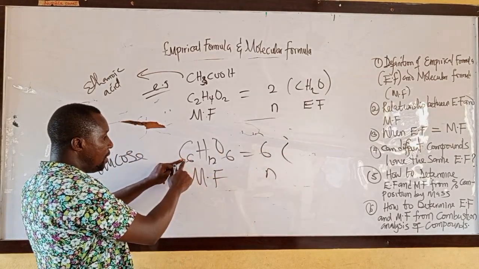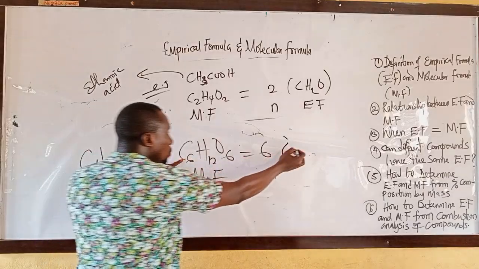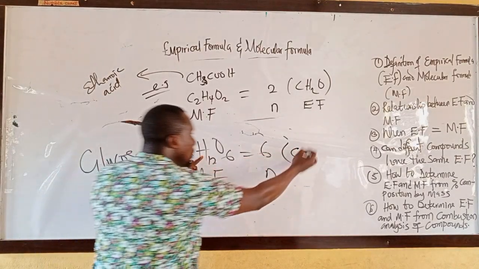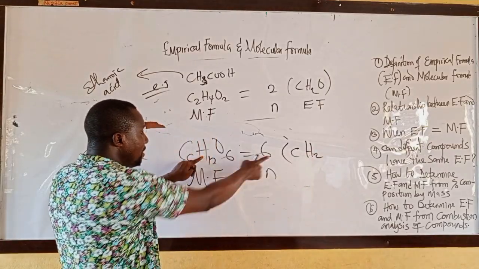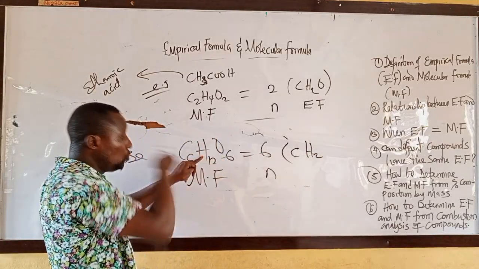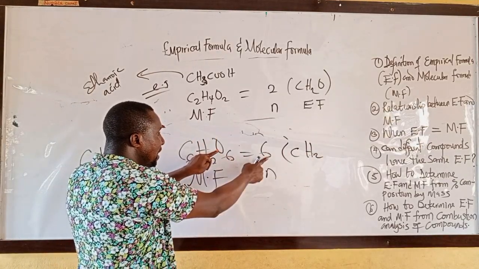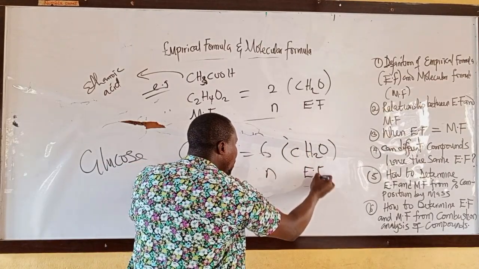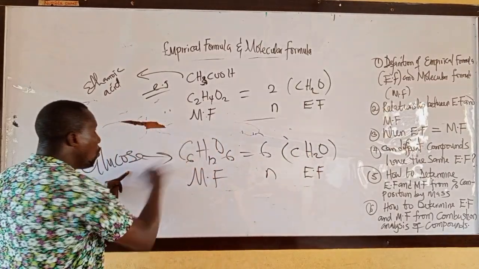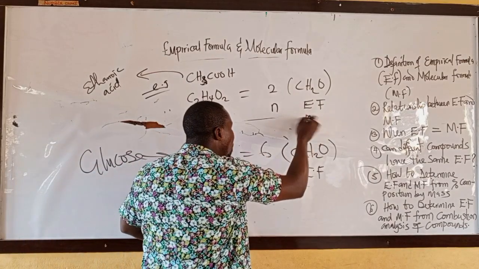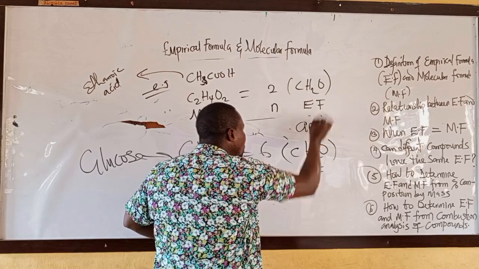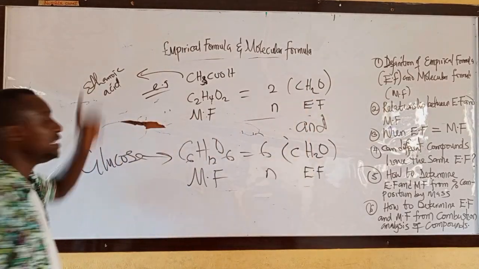What is the empirical formula? 6 divided by 6 gives just 1 C. H12 divided by 6 gives H2. Then O6, 6 divided by 6 gives O. That means this is the empirical formula of glucose, CH2O. That means glucose and ethanoic acid have the same empirical formula.